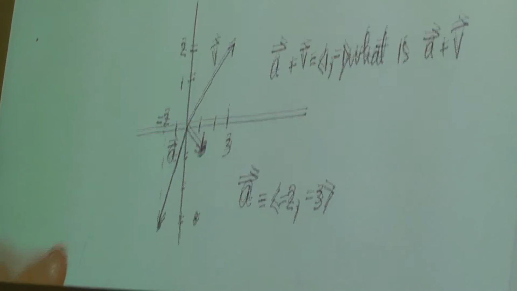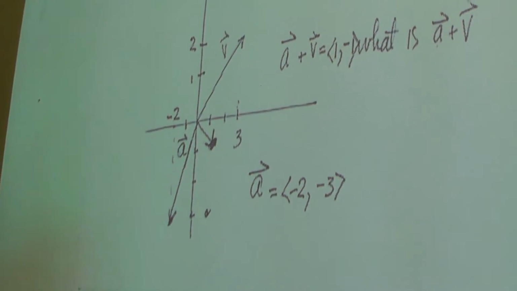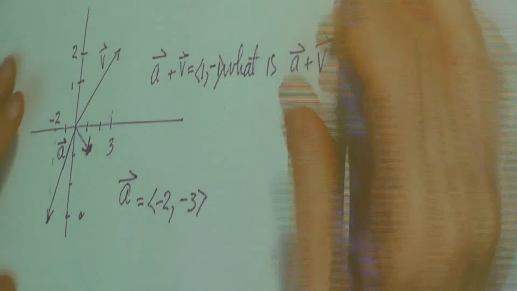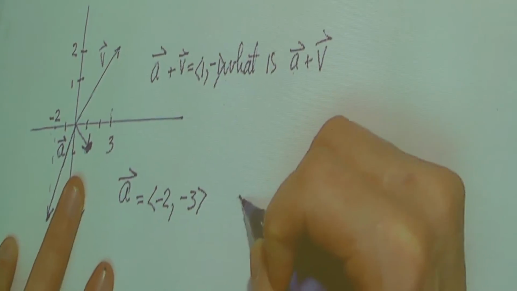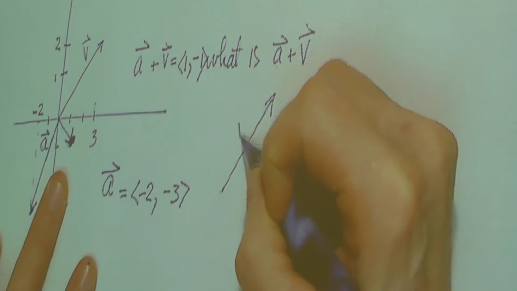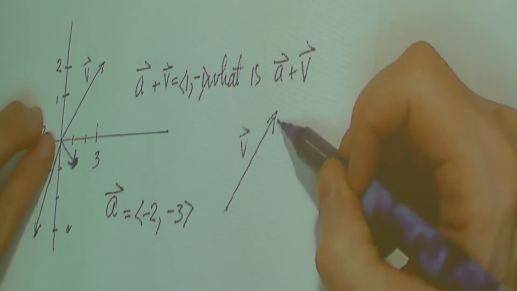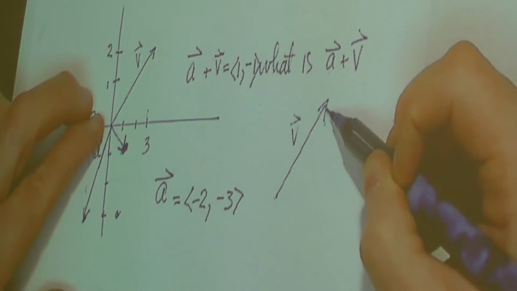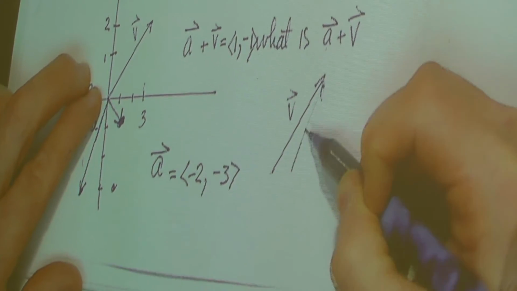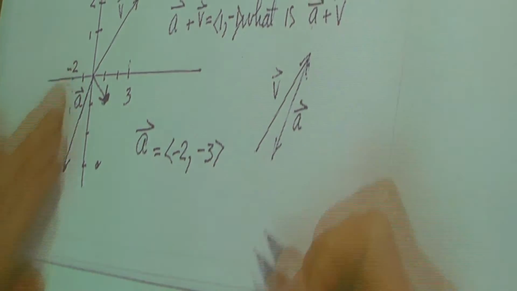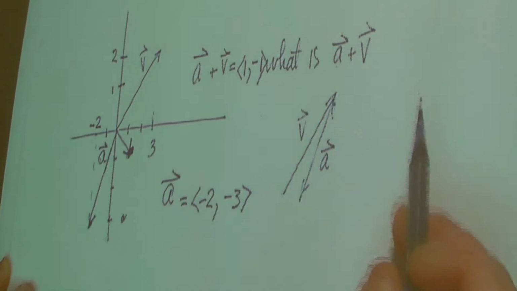Is that reasonable? If we check this, just very loosely, if this is my V, and I'm going to lift A up and put it up here, and I don't even pretend to have these lengths the same.